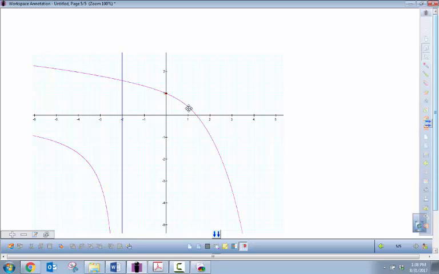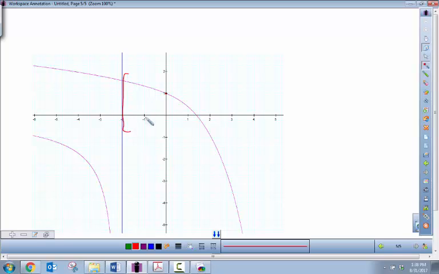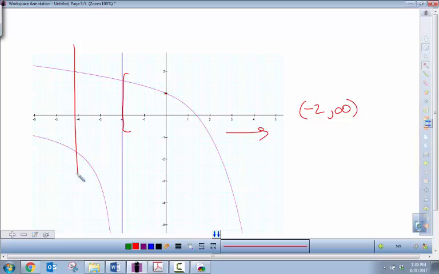So it looks like our solution to have this as a true function or solution would have to go from -2 to infinity, because on the left side of that, it becomes not a function.